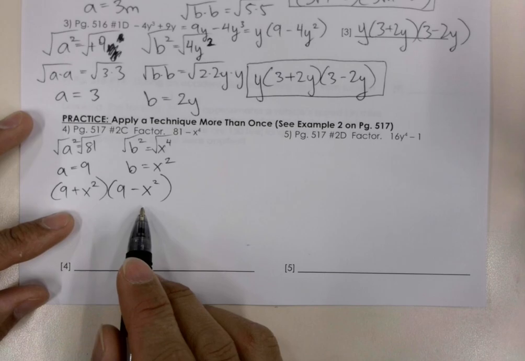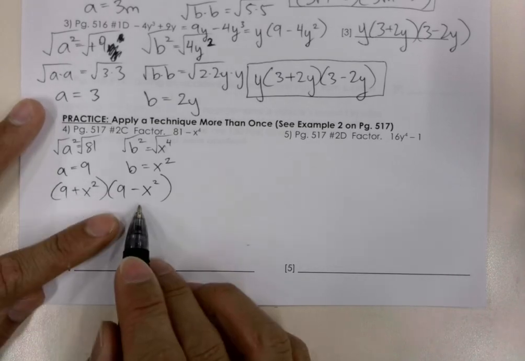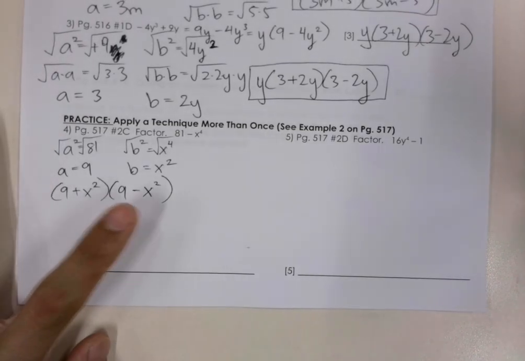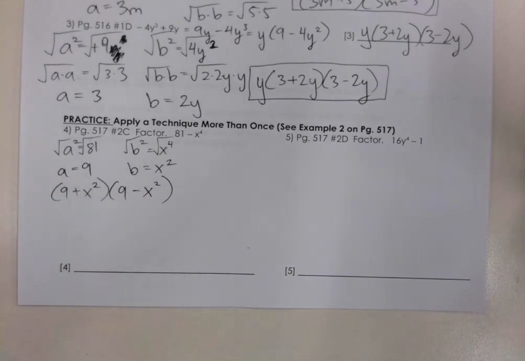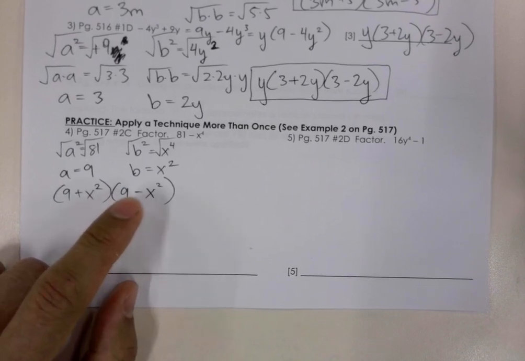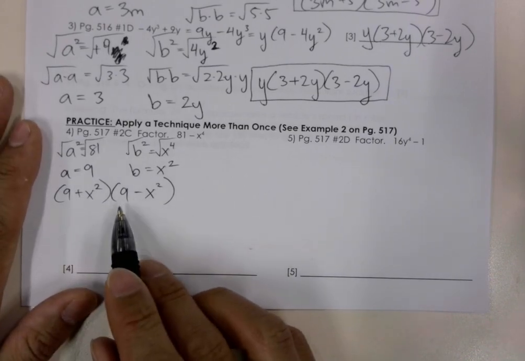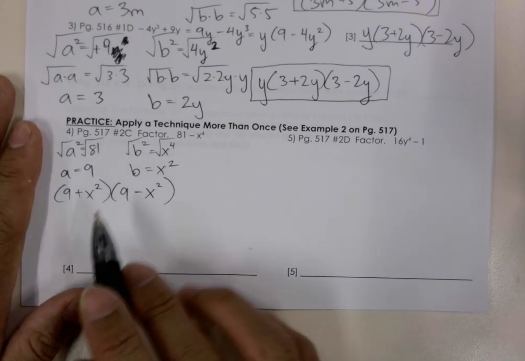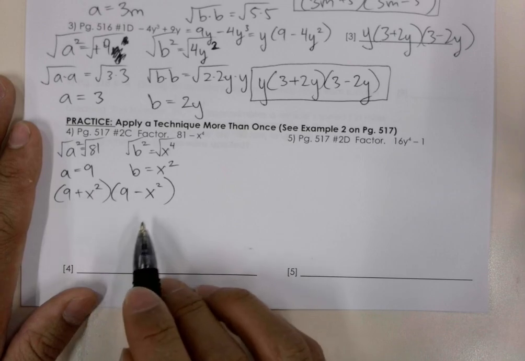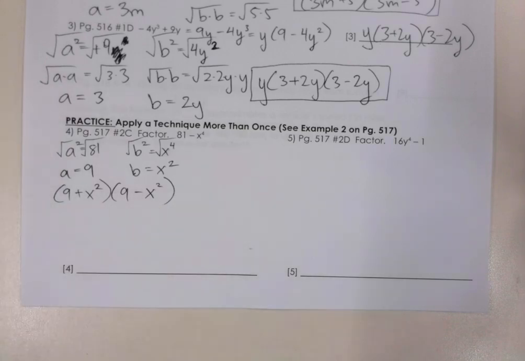So now what we can do is go ahead and factor this 9 minus x squared once again, right? Because you can see the 9 is a square and the x squared is also a perfect square. So in this case, our a squared is going to be 9, and our b squared is going to be x squared.